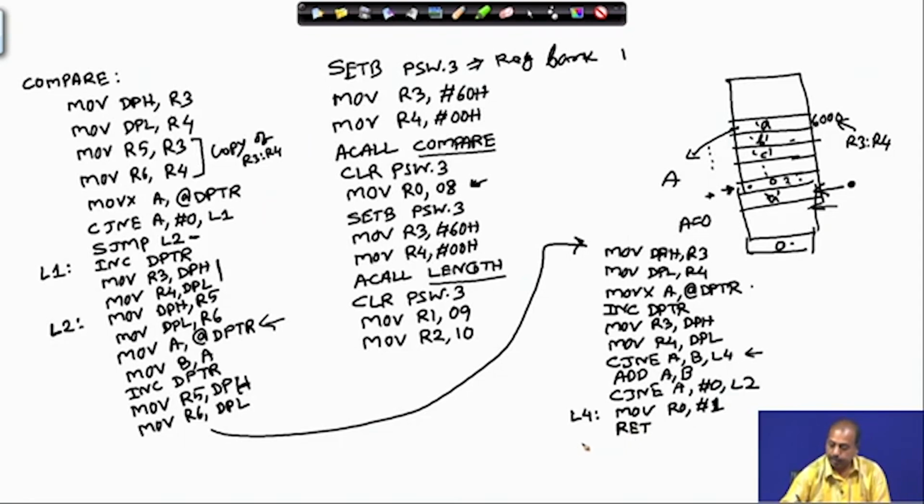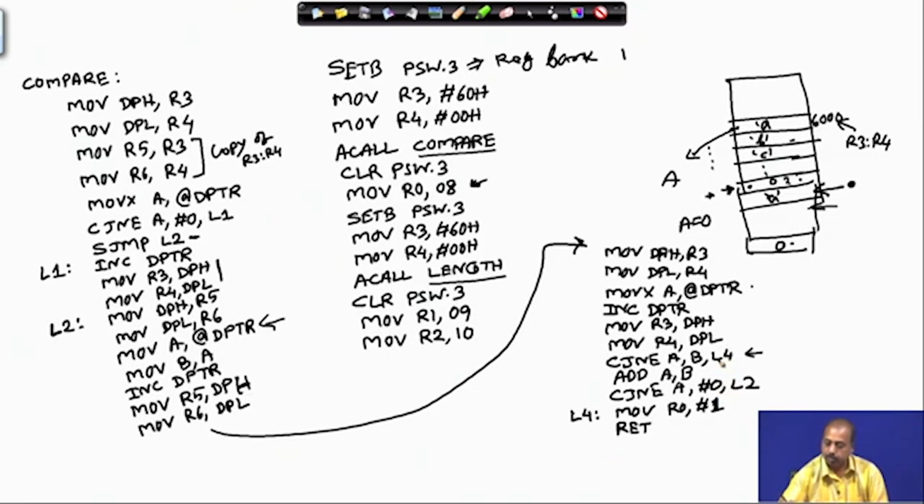Now, this is L4. So, CJNE A has 0. So, if it is 0, then it is coming to, otherwise it is not same. So, in that case, if the characters are not same, then it will be returning 0.